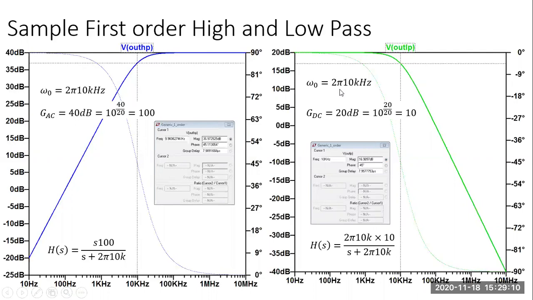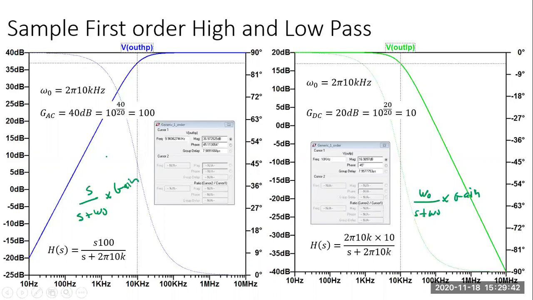So omega naught is 2 pi 10 kilohertz. The DC gain is 20 dB or 10. And you have to remember that for the low pass, it's omega naught over S plus omega naught times the gain, where here it's S over S plus omega naught times whatever the gain is.